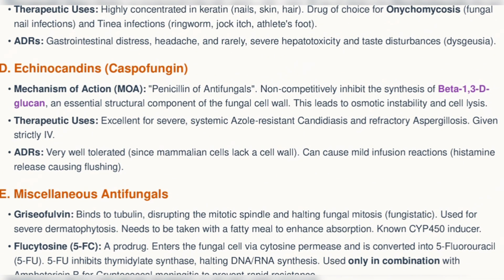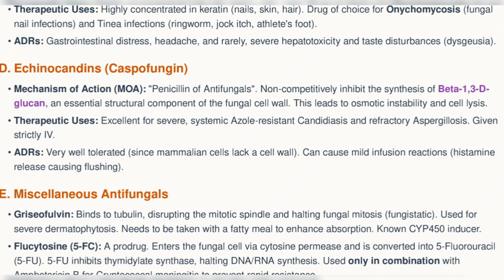Echinocandins: caspofungin. Mechanism of action: the penicillin of antifungals, they non-competitively inhibit the synthesis of beta-1,3-D-glucan, an essential structural component of the fungal cell wall. This leads to osmotic instability and cell lysis.